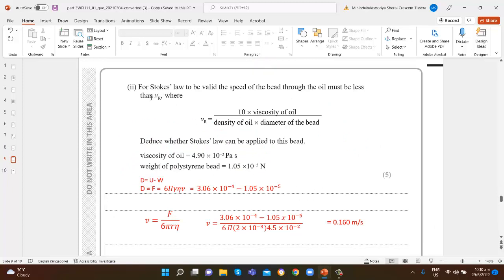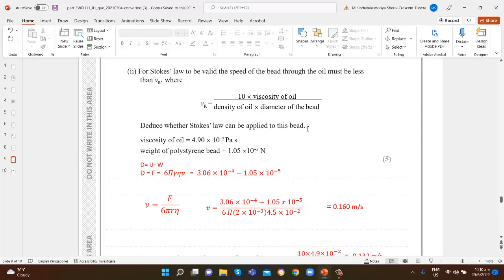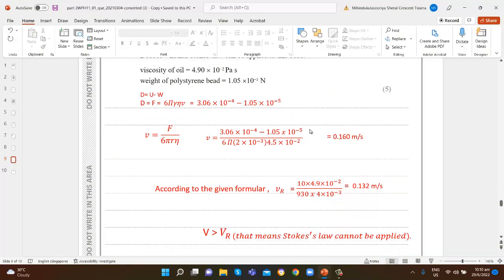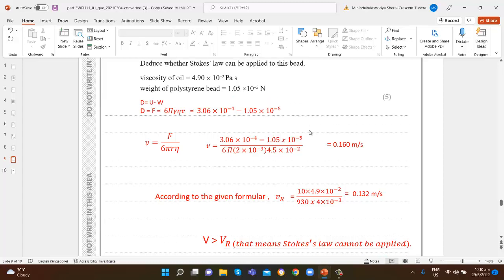Now go to part 2. For Stokes' law to be valid, the speed of the bead through the oil must be less than vR. So they are giving vR. So you can calculate their vR. And our v, you have to show our v is greater than their vR.